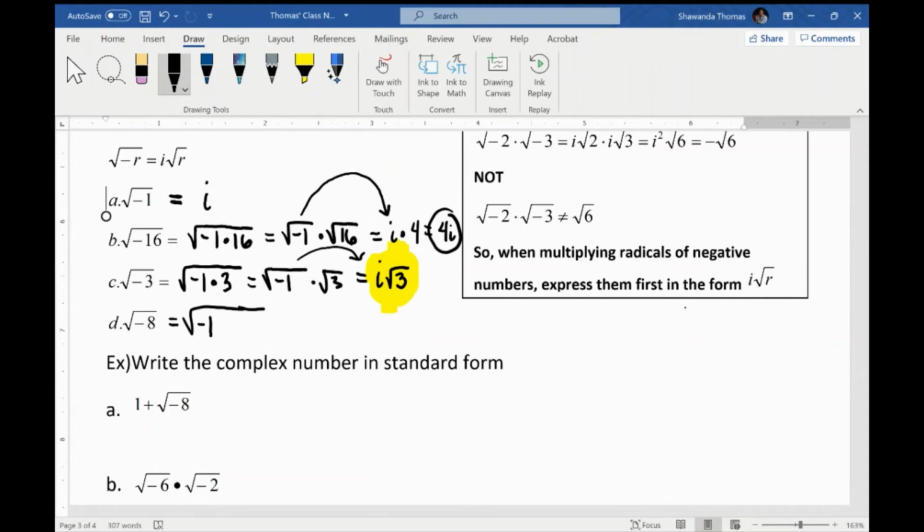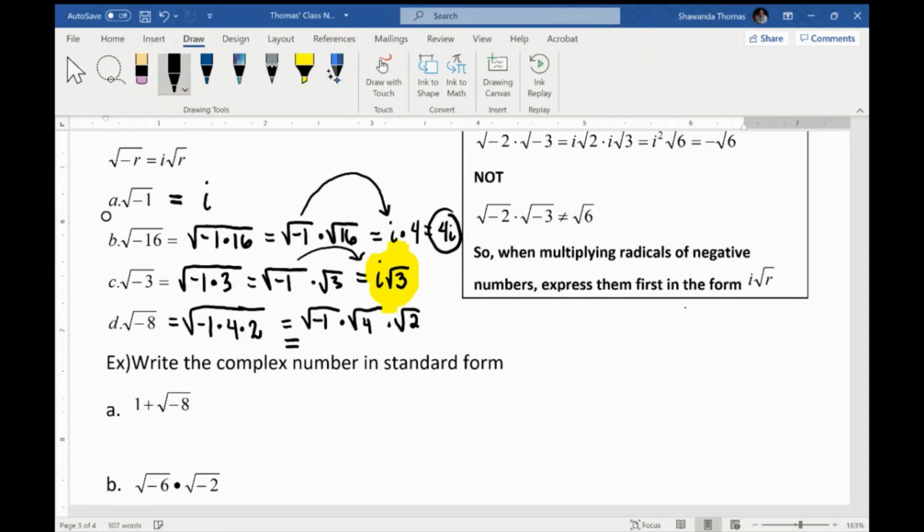However, there's a rule in the real number system that talks about perfect square factors. We can't keep perfect square factors under the radical. So does 8 contain a perfect square factor? Yes, 4. Very nice. 4 times 2. So let's split it up into 3 radicals this time. We have the square root of -1 times the square root of 4 times the square root of 2.